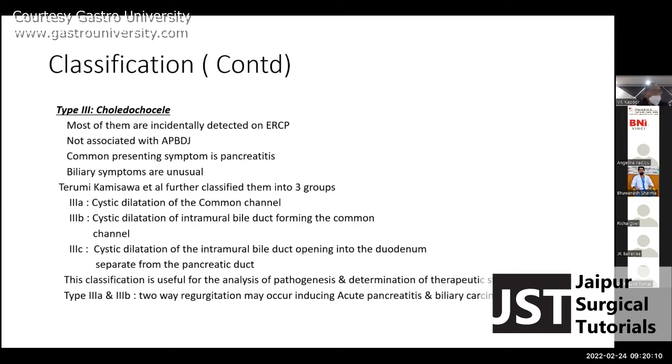Type 3A and B cyst may lead to two-way regurgitation, inducing acute pancreatitis and higher incidence of biliary malignancy.